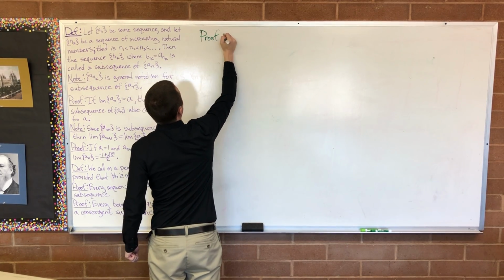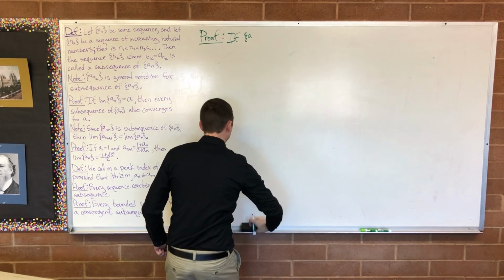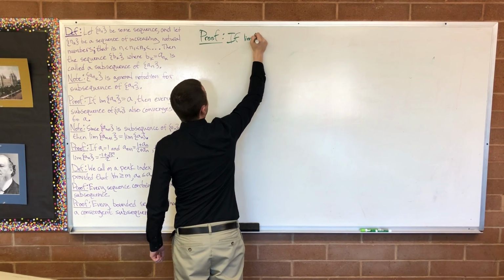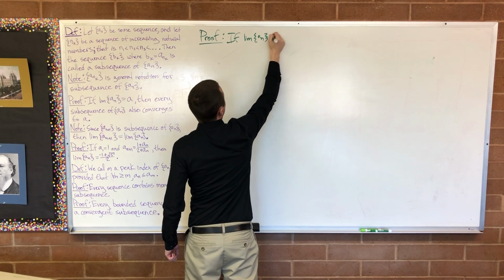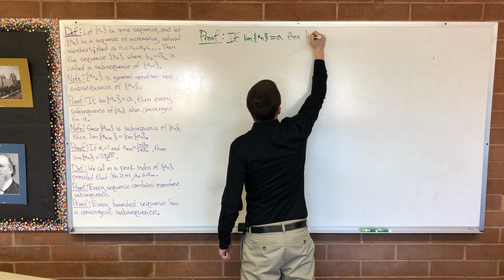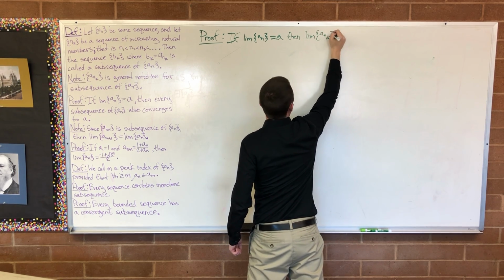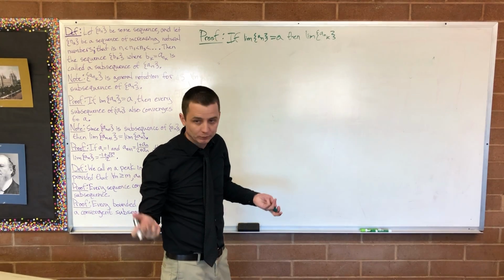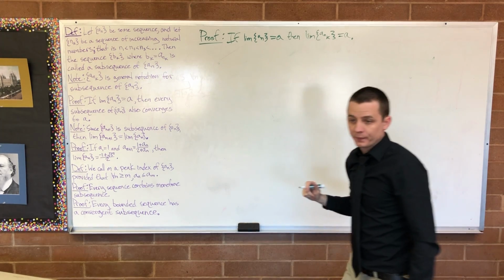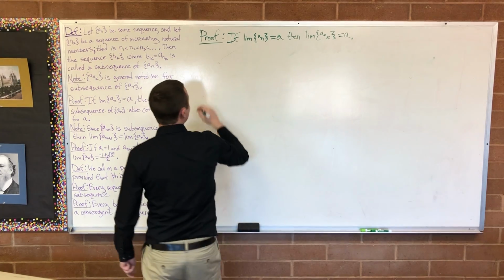If the limit of A sub n is equal to A, then the limit of A sub n sub k, of any subsequence, doesn't matter which one you pick, is also going to equal A. That's what I'm going to prove. Understand what we're trying to prove?